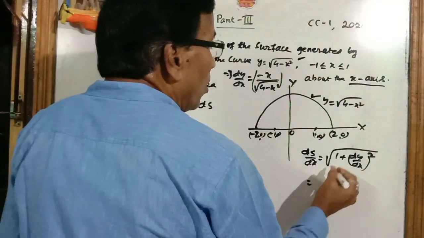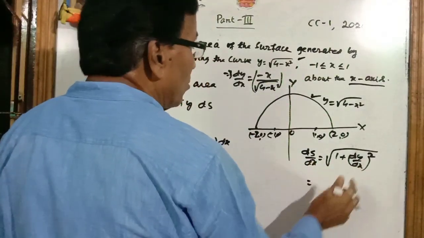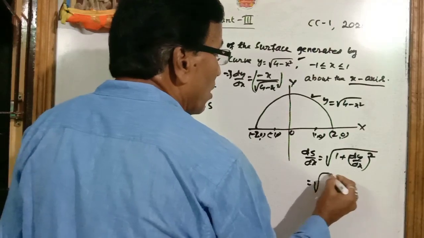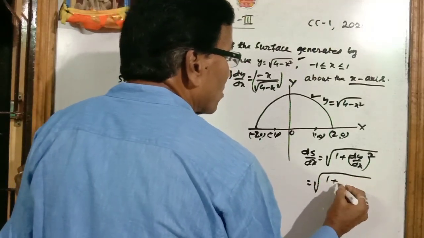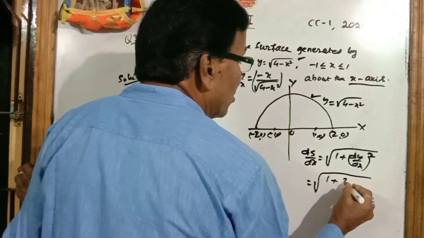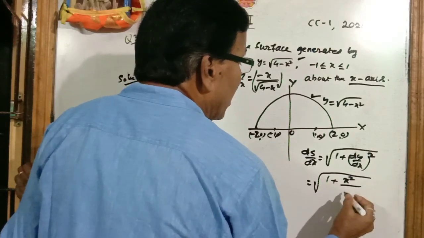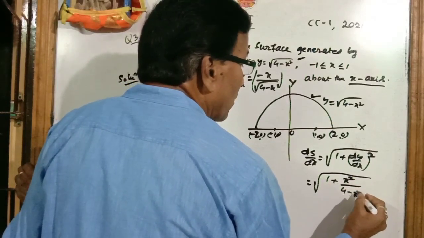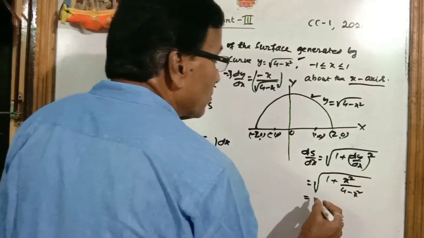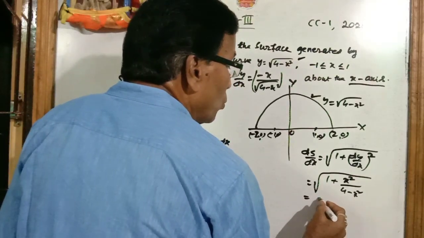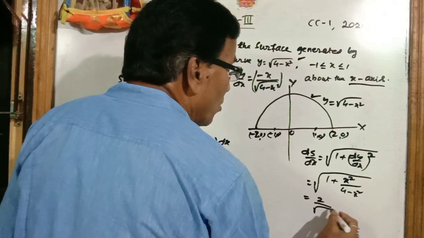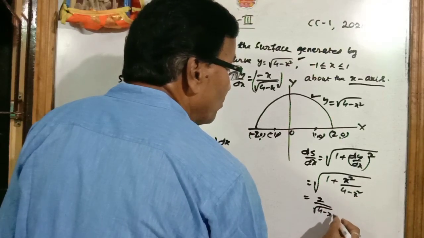Now on putting the value of dy by dx whole square, square root of 1 plus dy by dx whole square is equal to square root of 1 plus x square divided by 4 minus x square, which becomes 4 minus x square plus x square over 4 minus x square. The x square terms cancel out, and the square root of 4 is 2. So we get 2 divided by square root of 4 minus x square.